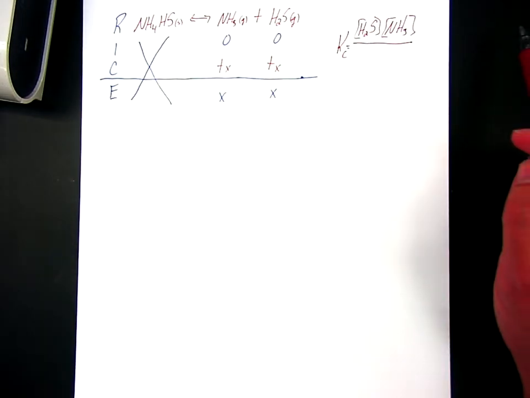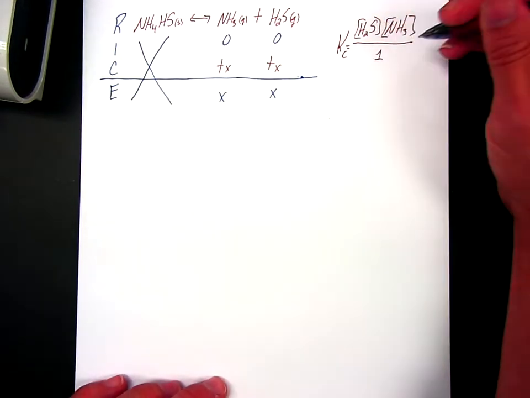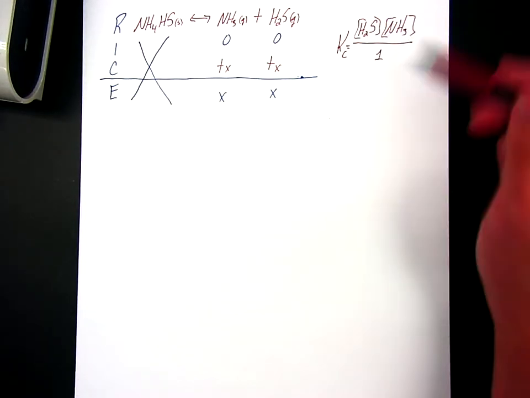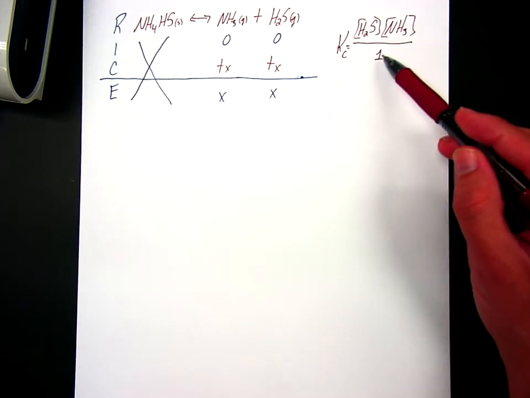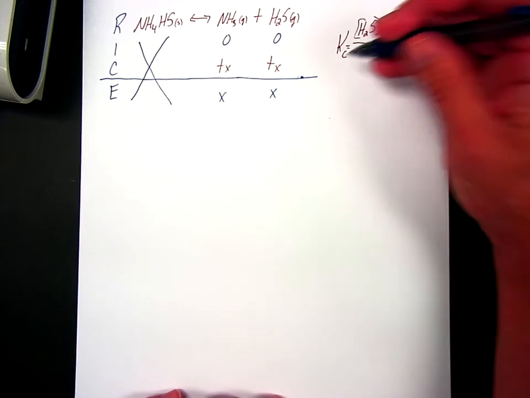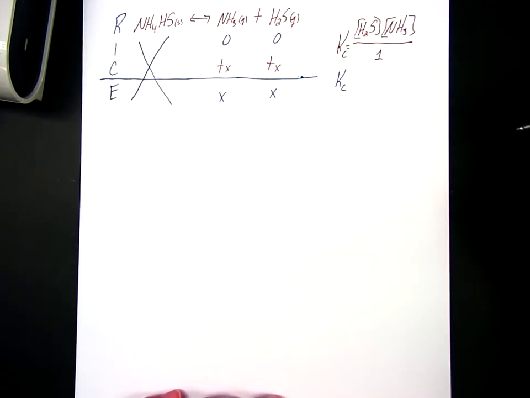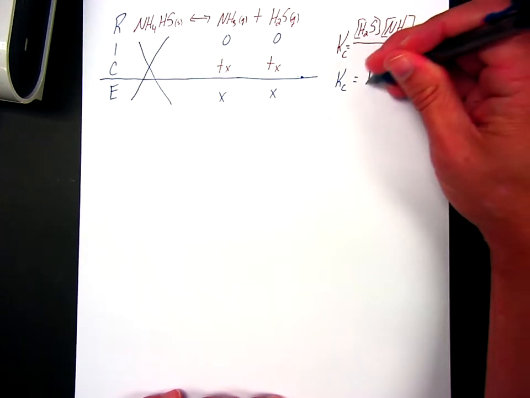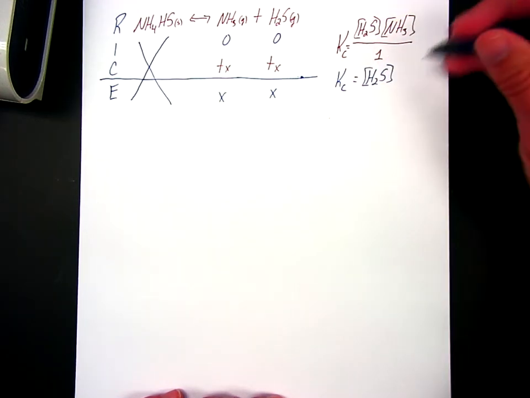Anytime something can't go in, we just replace it with a 1 as a placeholder so that the rest of the calculation will still make sense. So really, we don't even need this over 1. We could just write this, because anything over 1 is itself. So really, the unsubstituted equation could just be Kc equals the H2S and the NH3.